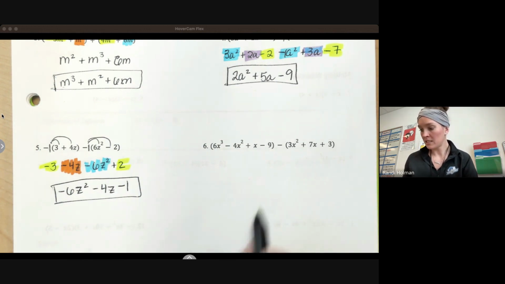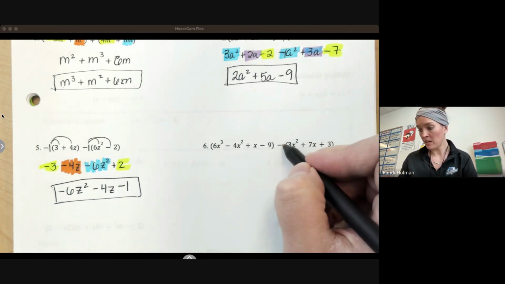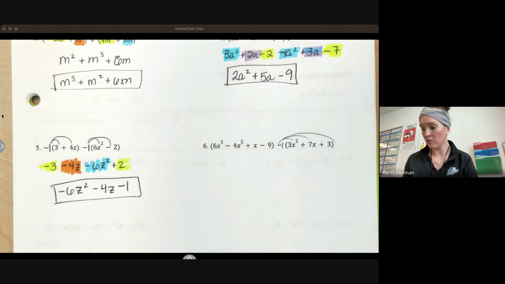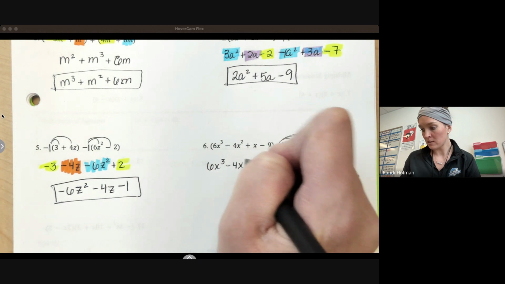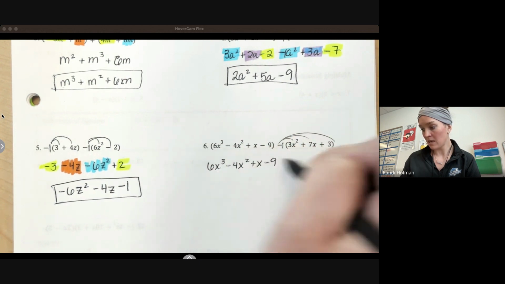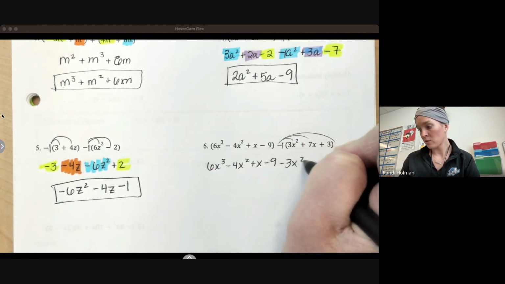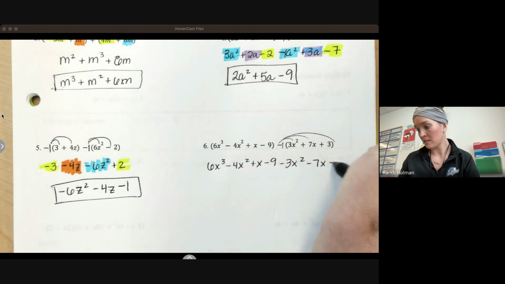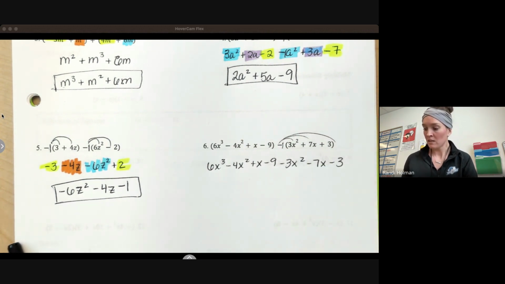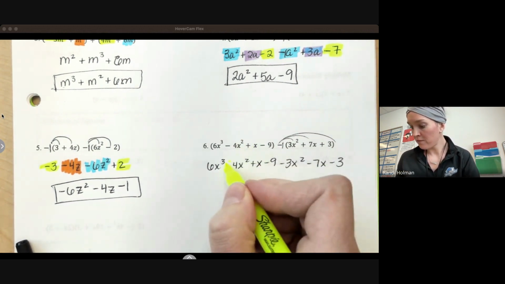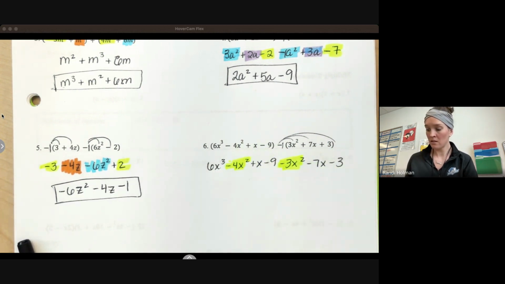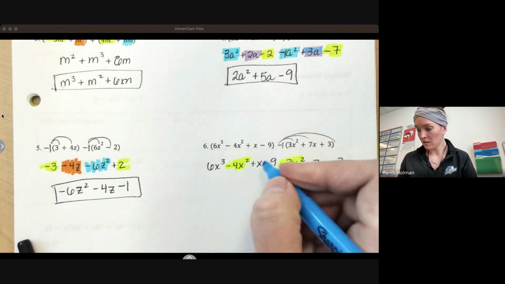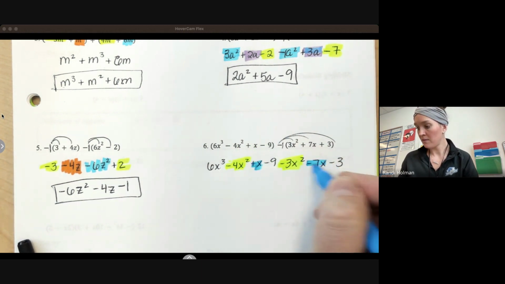Okay, last but not least here, nothing to do about this first one. We need to distribute this -1 before we combine. 6x cubed minus 4x squared plus x minus 9 minus 3x squared minus 7x minus 3. Okay, we have -4x squared, -3x squared, x, -7x.